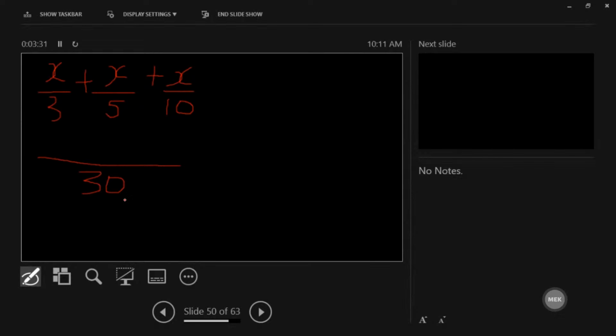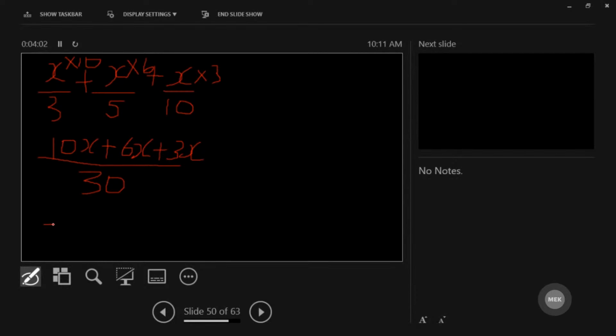3 into 30 goes 10 times. So 10 times x would be 10x. And 5 into 30 goes 6 times. x times 6 would be 6x. 10 into 30 goes 3 times. x times 3 would be 3x.